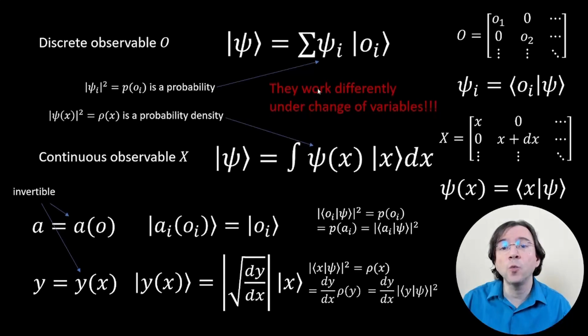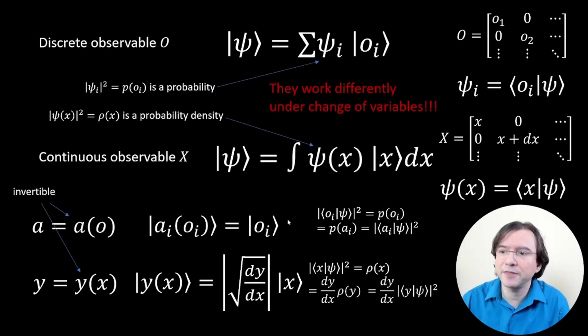And these don't work the same under change of variable. They work differently. So, for example, suppose that we change our observable from O to A, and we have a map that for every value of O gives us a value of A. What happens is that the eigenstate of A that corresponds to the eigenstate of O is exactly the same eigenstate.